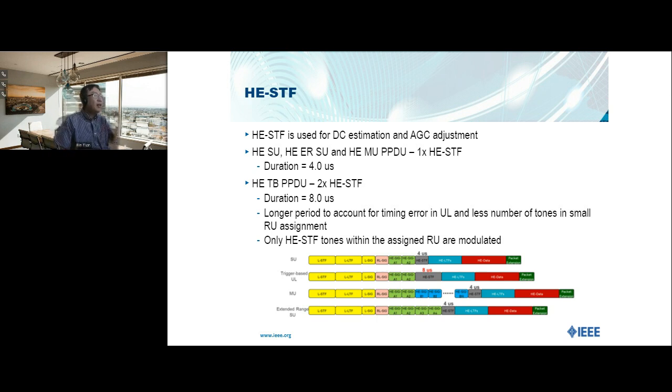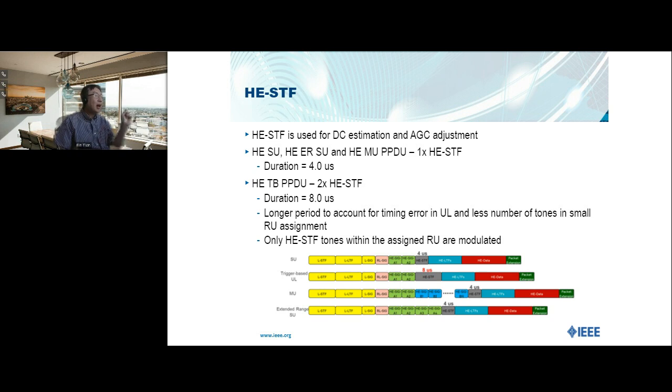The reason we use 8 microseconds is because of two things. The first is that, when you have a trigger-based PPDU, we'll talk about it in the future, there are a lot of station transmissions that have different timing offsets. So the delay spread is a little bit longer.